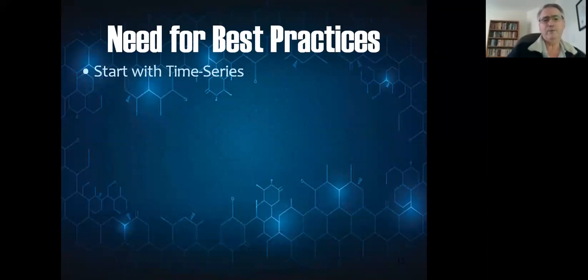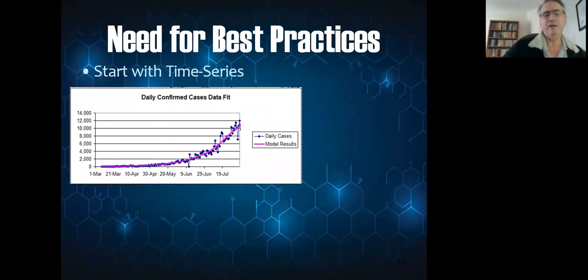Now, the way I look at building quality models is that system dynamics looks at behavior over time. And in the real world, behavior over time is a concept of time series data. So I think you should always start with collecting data and using time series data to build your model.